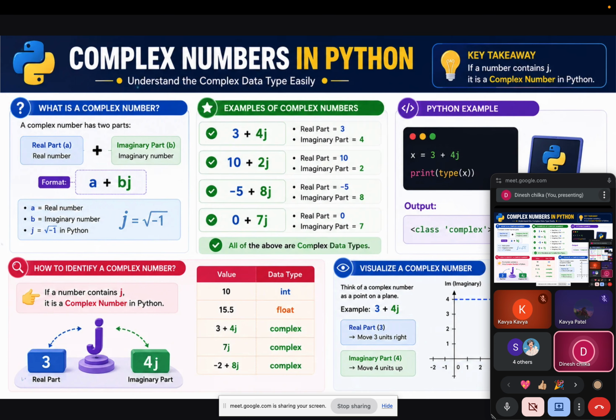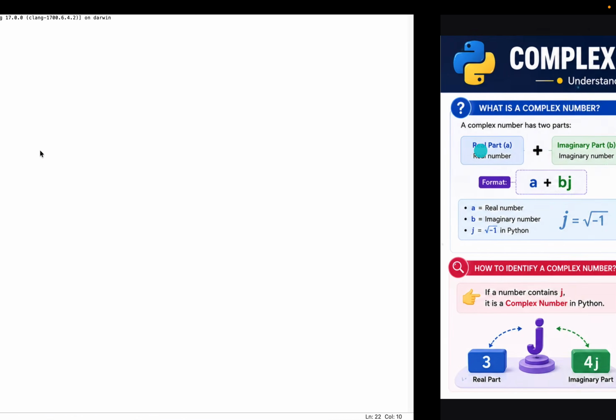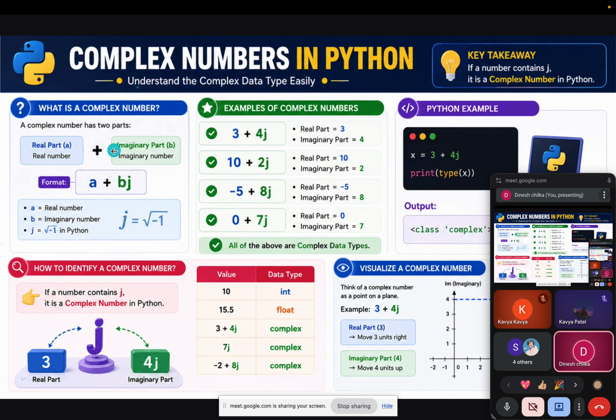Now, how do we know that this is a complex number? If a number contains j, you can consider that it is a complex number in Python. Example. So what we'll do now, we'll start with numbers is equal to real number plus imaginary number, and you mention j.